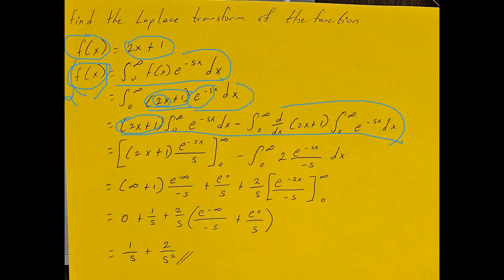I just need to know what you're doing. I don't understand what you're doing here. So the 2x plus 1, I should have put a bigger bracket. I have it in here. I'm trying to find the integral of it from 0 to infinity.